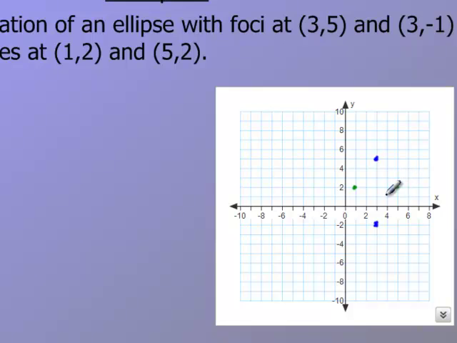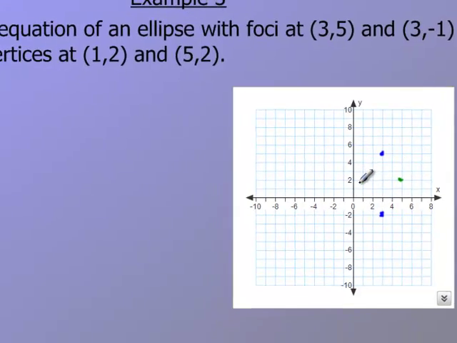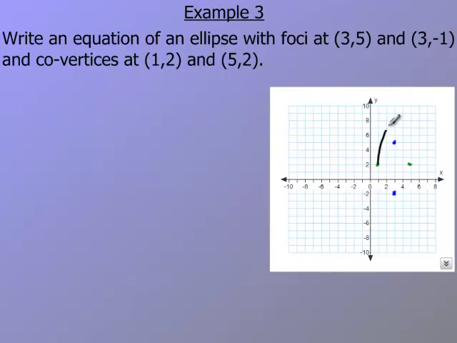Okay, so because these are the co-vertices, we know that it goes around the foci, it's going to be a vertical ellipse. It's going to be something like this. That'll look a lot better than that, but I just want to establish that in fact it's going to be vertical.